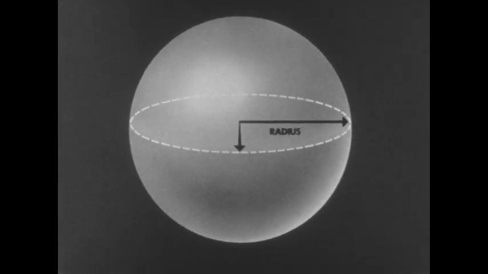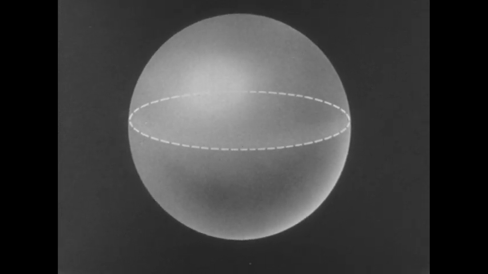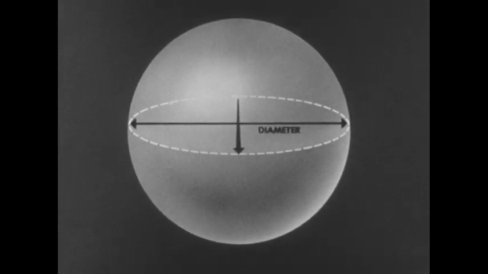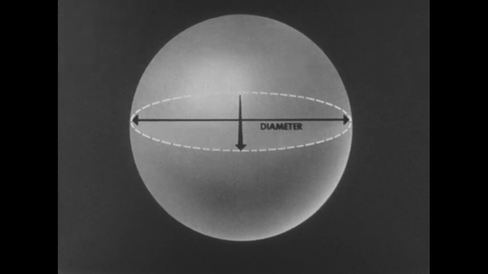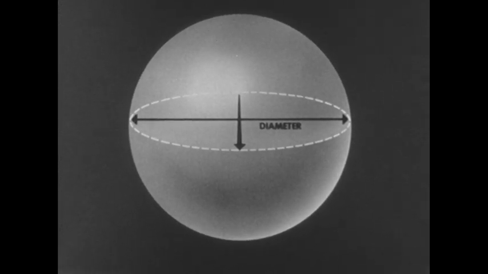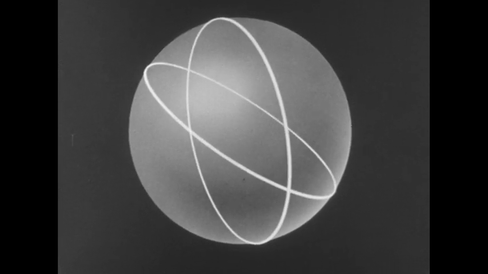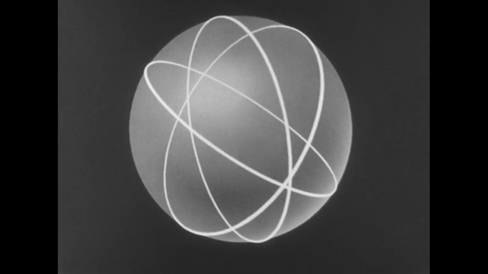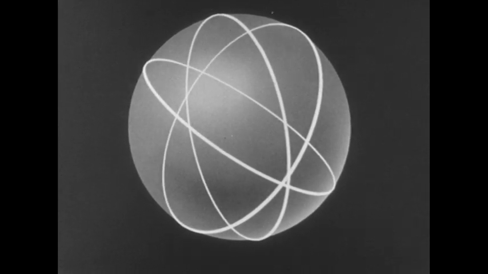Such a line might extend from the center to any given point on the surface area. A straight line extending from a point on the surface through the center to another point on the surface is a diameter of the sphere. A circular line having the same diameter and radius as the sphere is called a great circle.